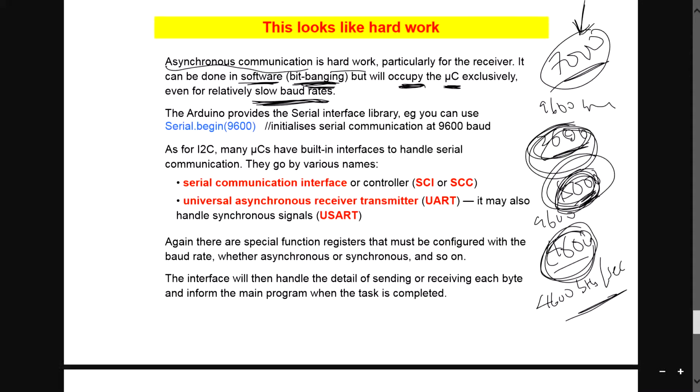Your I2C itself has built-in interfaces to handle serial data, or your SDA communications. So you have a serial communications interface, SCI, or UART. I think you need to memorize this, because I think I saw it in the practice question.